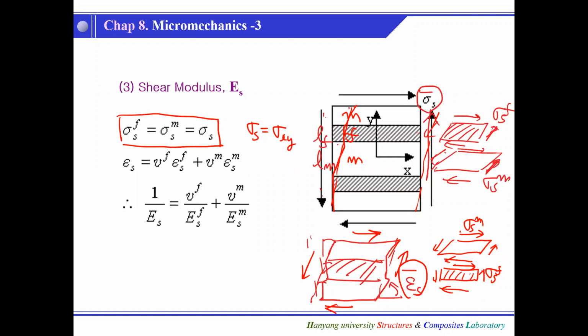Then on average, considering the length and the shear deformation of each matrix and fiber, we can easily see the overall shear strain will follow the rule of mixtures.